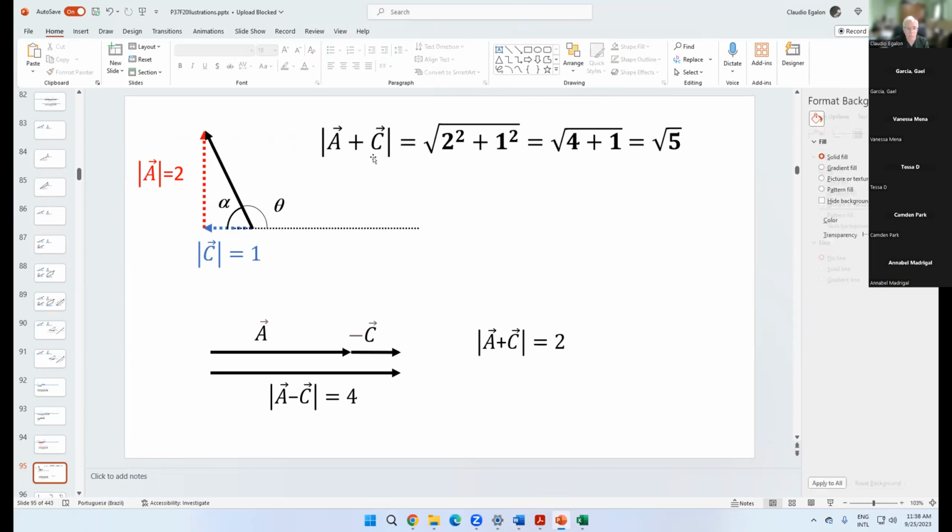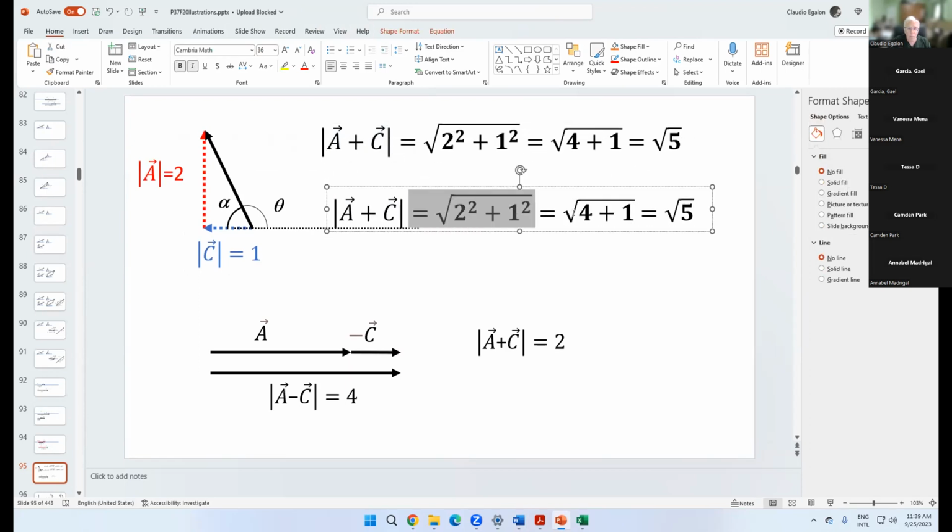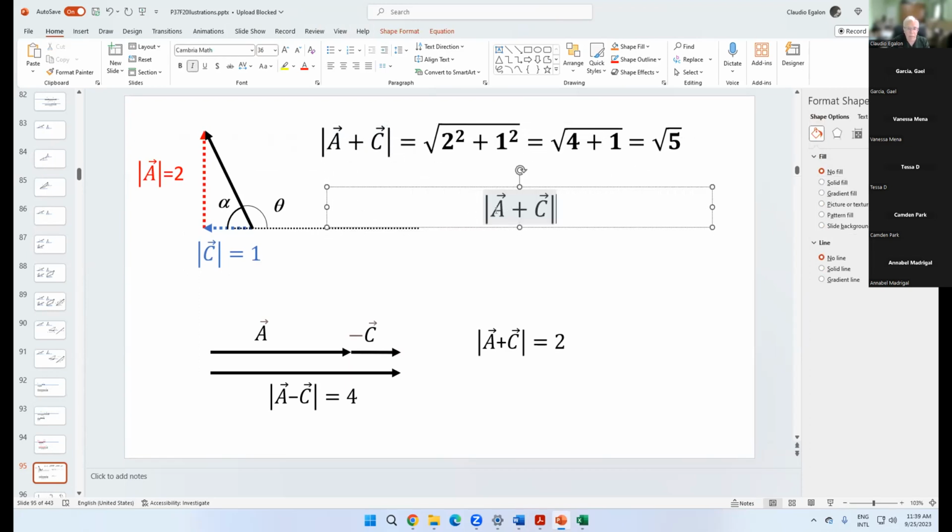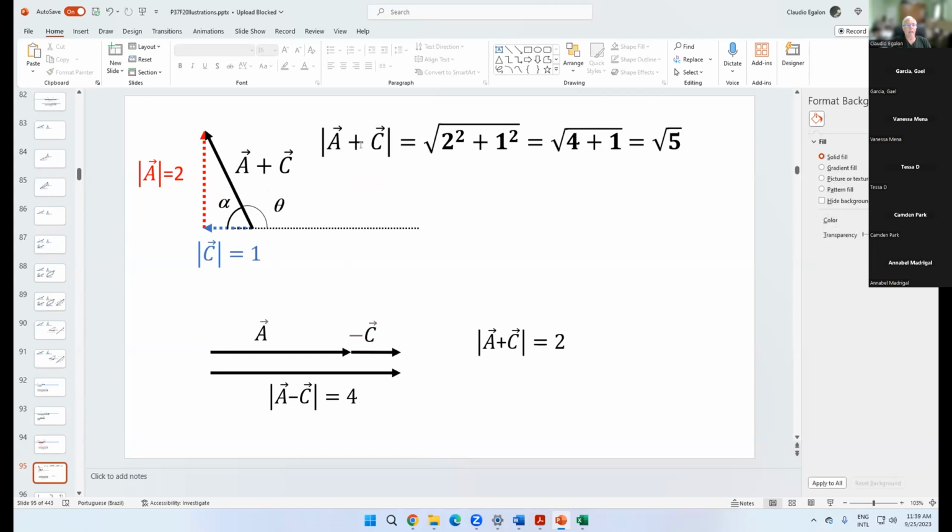The magnitude of the A plus C vector is given by the square of one side plus the square of the other side, and the square root of it.